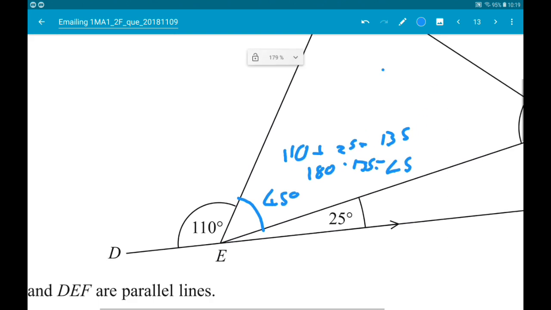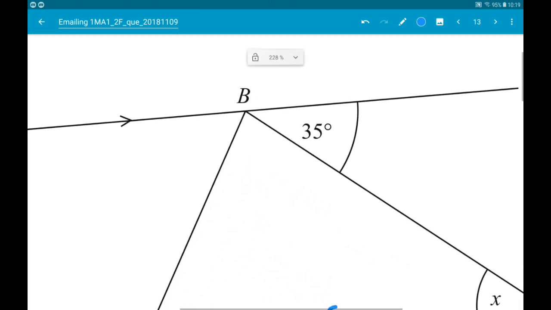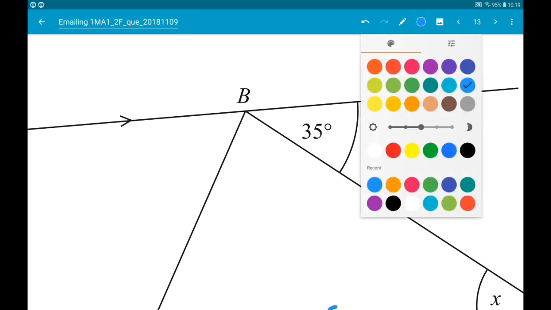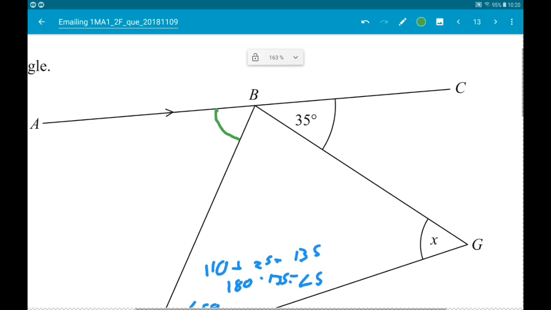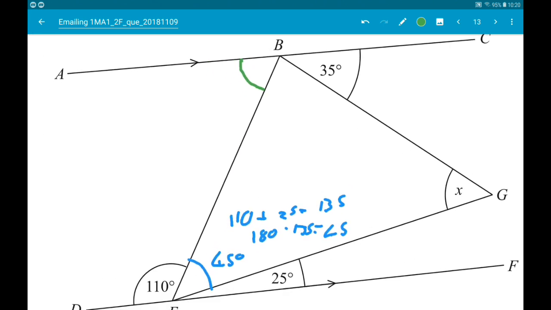Okay, so can we do anything up here? Well, we can actually work out this angle here. So this green angle and the 110 degree angle are co-interior. So co-interior angles add up to 180 degrees, so the green angle is 70 degrees.